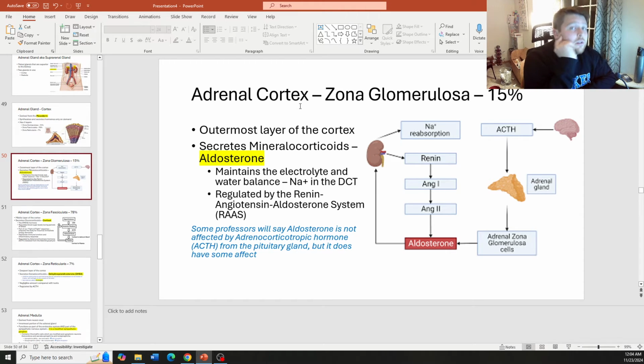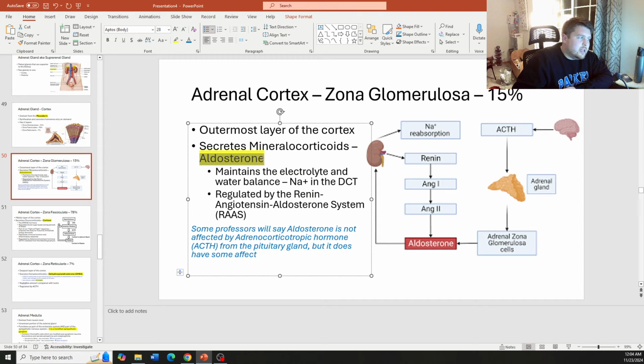It goes to the distal convoluted tubule to help pull sodium back into the blood, and that's controlled by the renin angiotensin aldosterone system. So remember, aldosterone deals with sodium. Sodium is a mineral. So aldosterone is a mineralocorticoid.